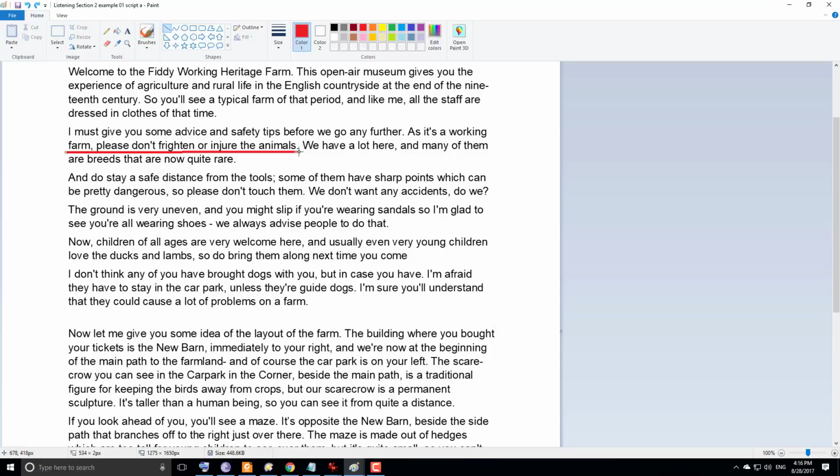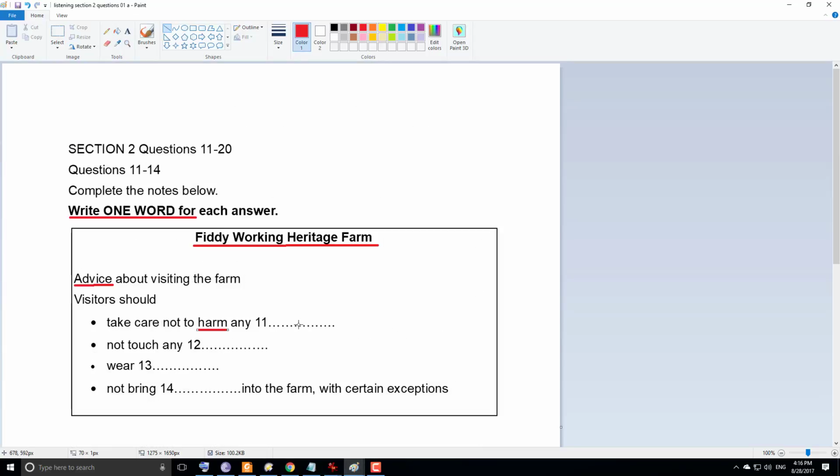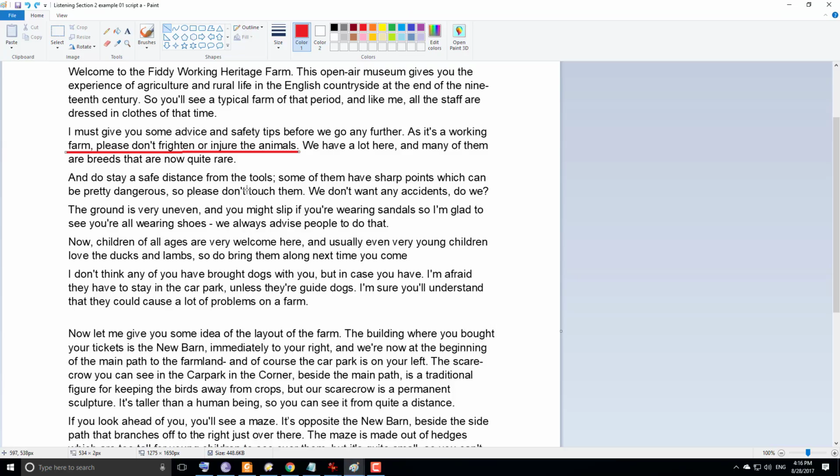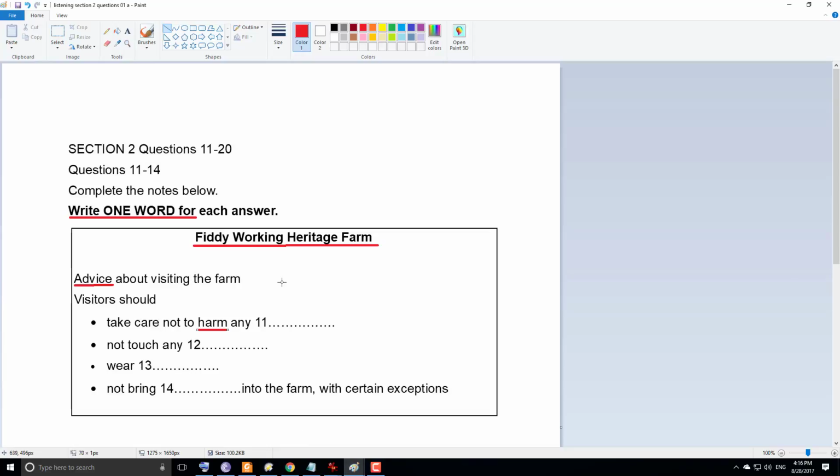If we take this line from the script, where the guide says, please don't frighten or injure the animals, well, we can see that harm, of course, is a synonym for injure. So our keyword does appear in the script, but it's not exactly the same word. It's a synonym for the word harm.